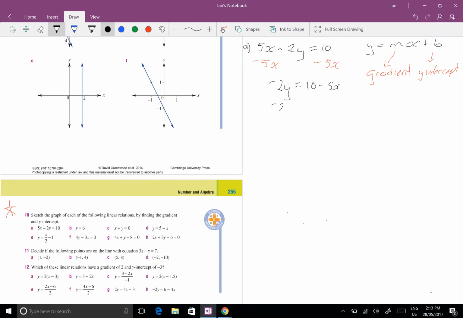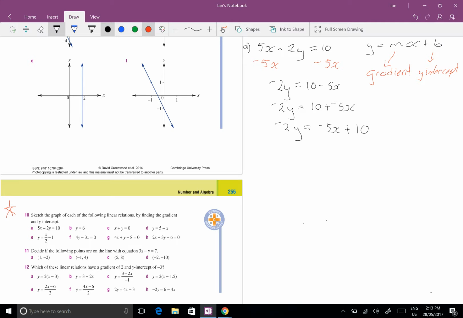Negative 2y equals 10 plus negative 5x. That's the same thing, isn't it? It doesn't matter which way we add two things. So I get negative 2y equals negative 5x plus 10. Now it's almost written the way I would like it.